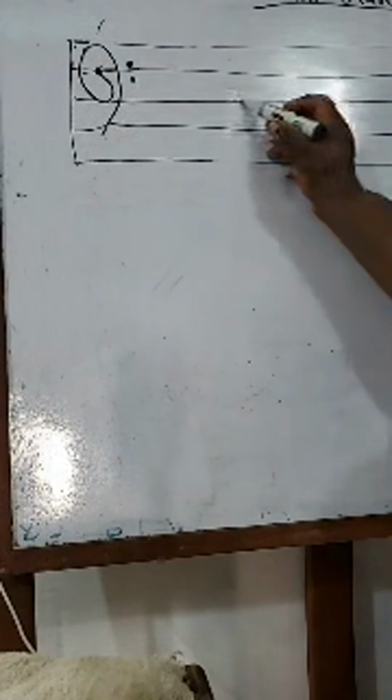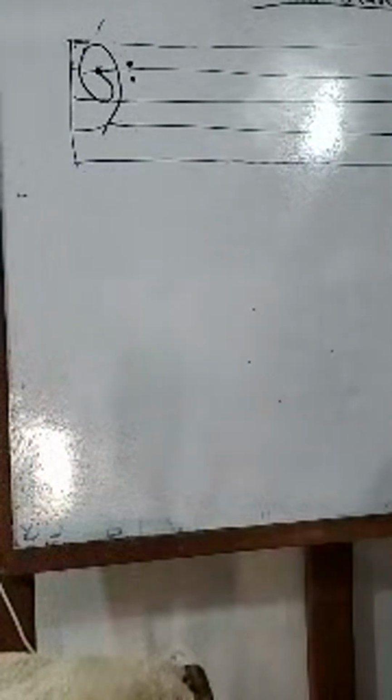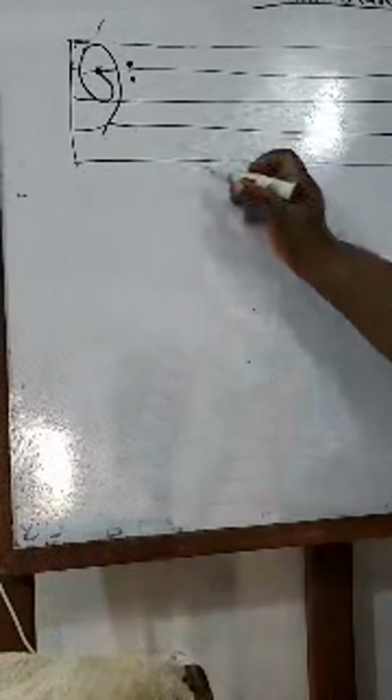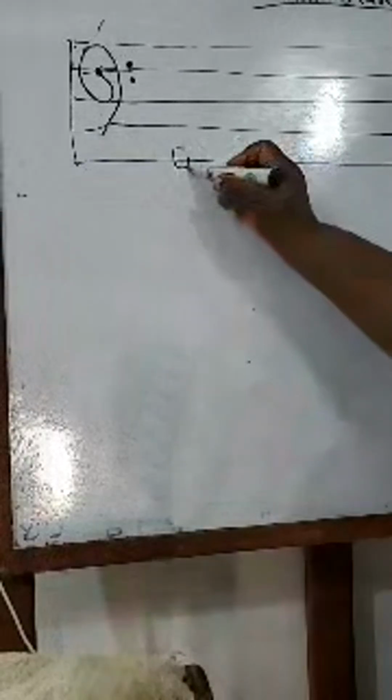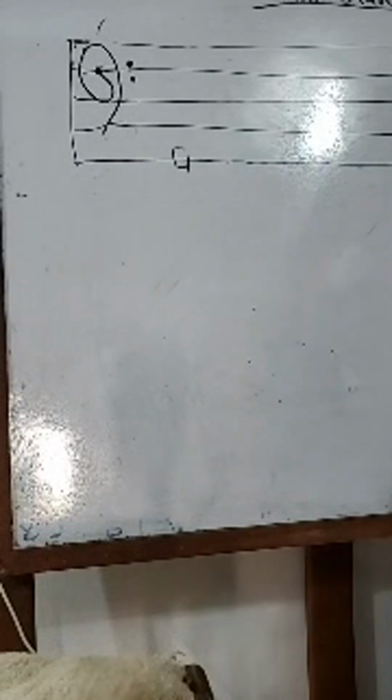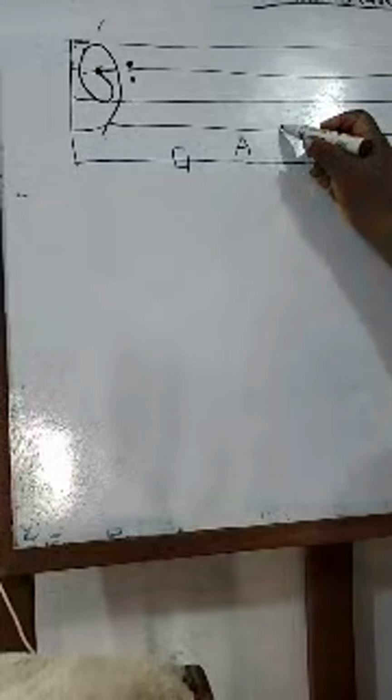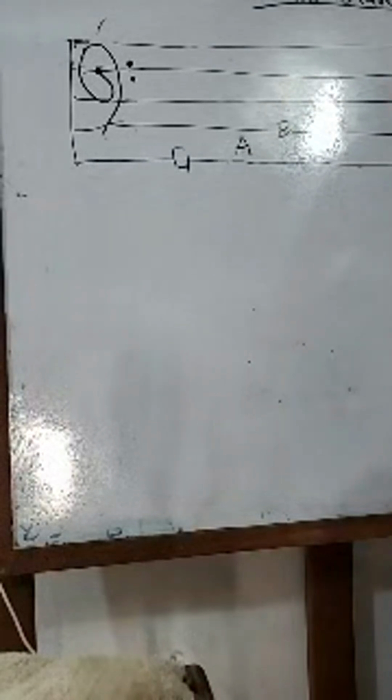like I said, each clef comes with its own letter names. The first line of the bass clef is what? G. After G, A. After A, B. I'm going to make it like a ladder and step around.